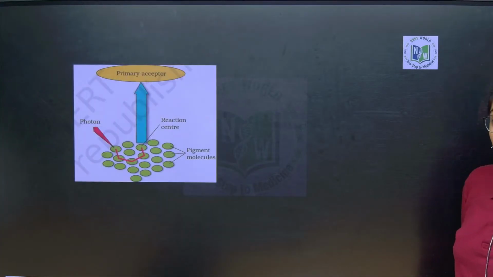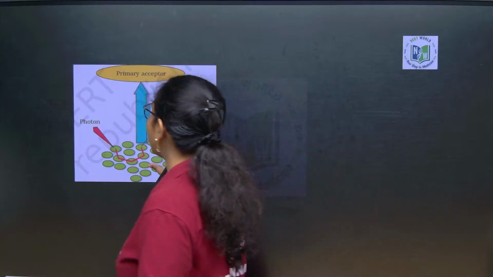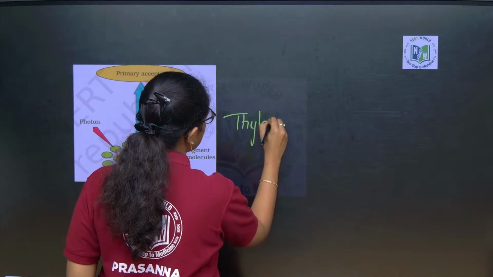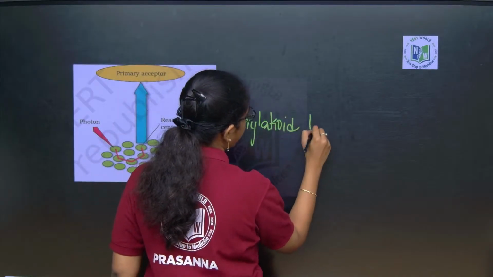And then if you see, this is the light harvesting complex which is present in the thylakoid lamellae.